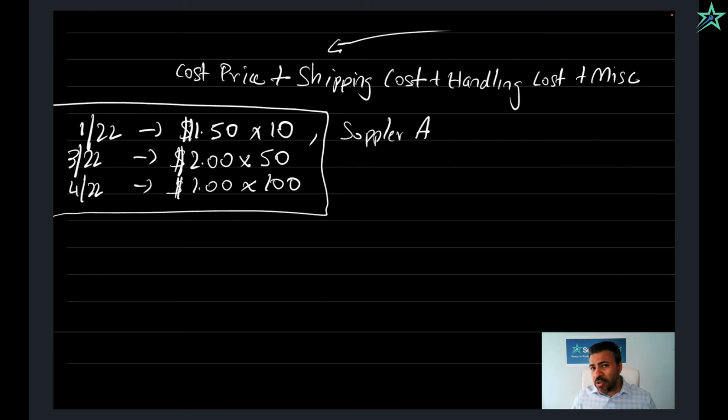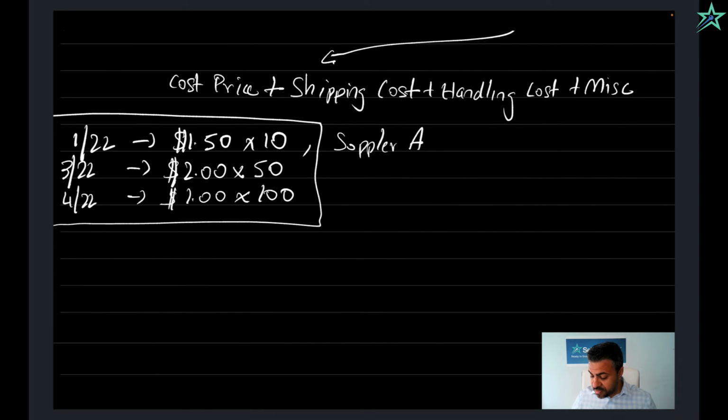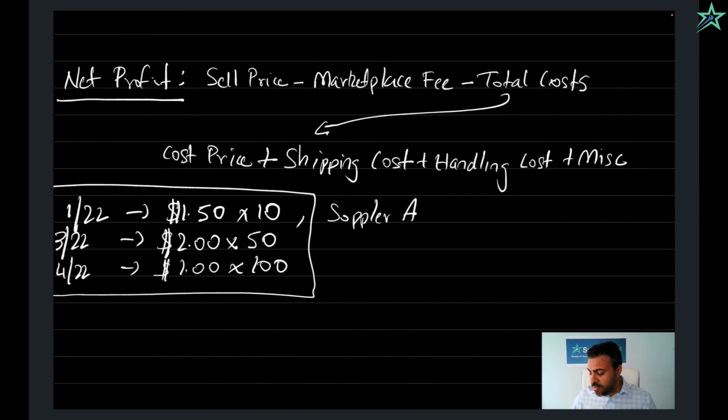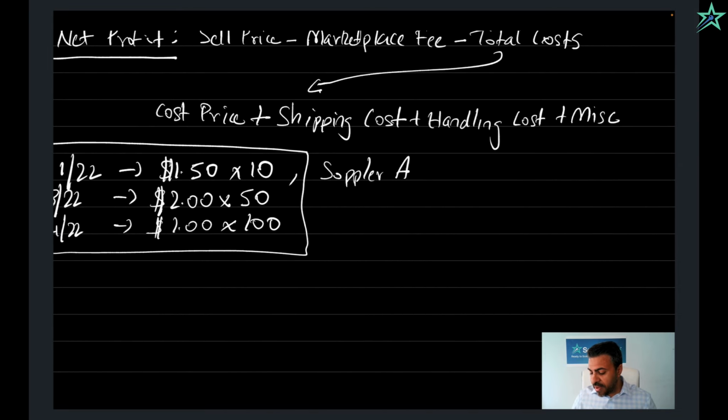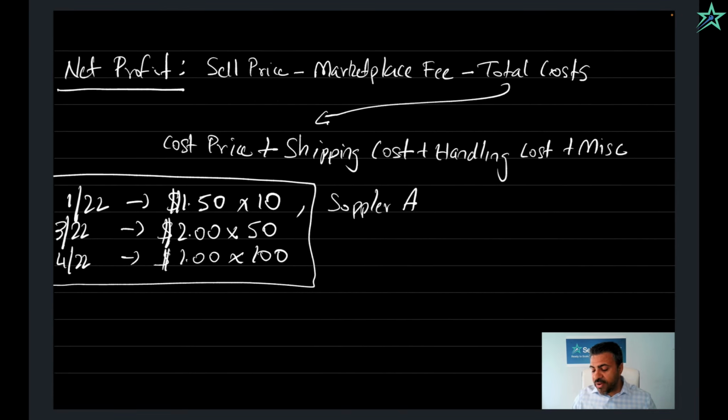So this is also really important to accurately figure out your net profit. All right. And a lot of times the reason net profit isn't calculated properly is because people just don't keep track of this. They don't keep track of their net costs, their cost price over time. Okay. So once you've got these things in place, then you can accurately determine your net profit per product.